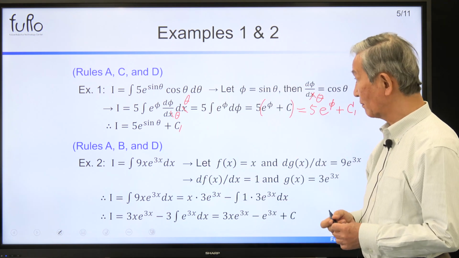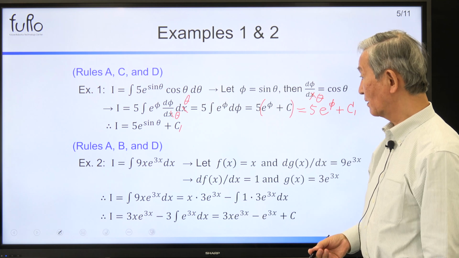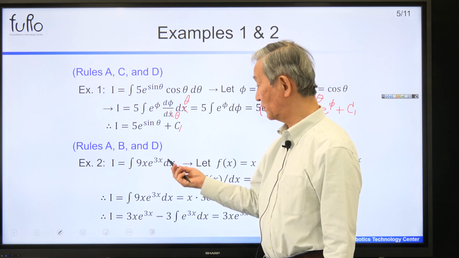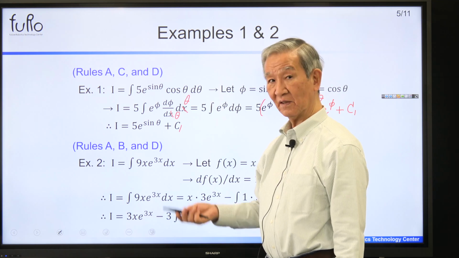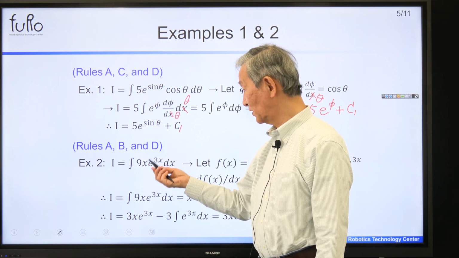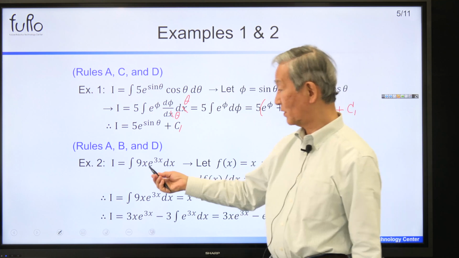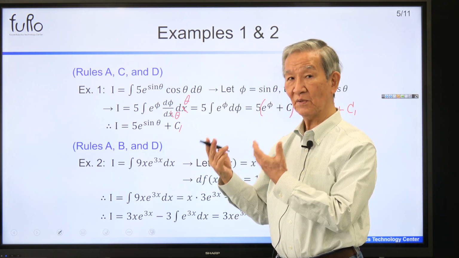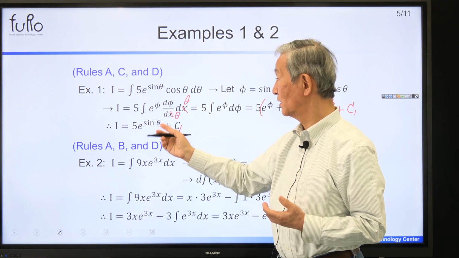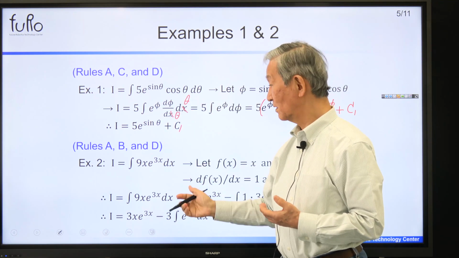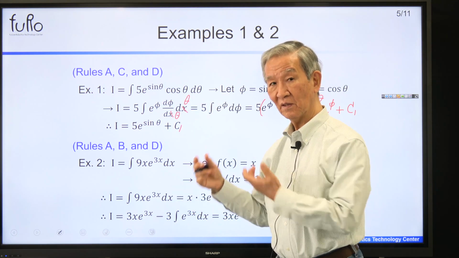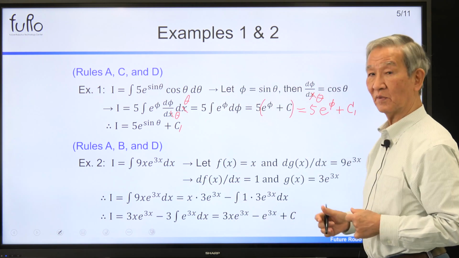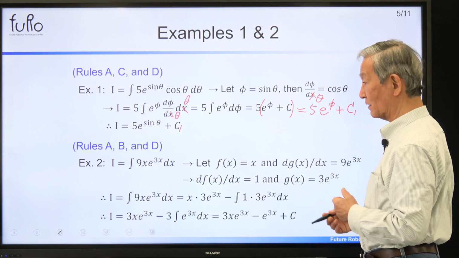Yeah, rule C. The next one here is x times e to the 3x. This type of function is a product. So therefore, you need to think about two things. One of them is rule C. The other one is rule B, the integral of the product. Here, this is an example of the integration of the product.